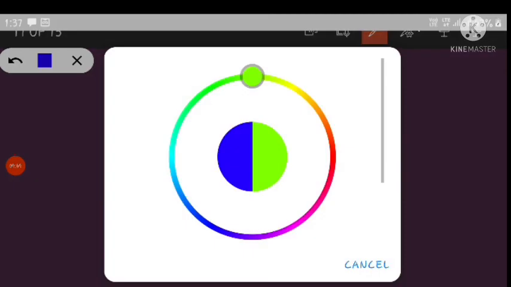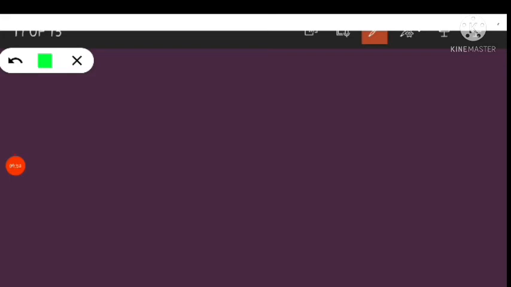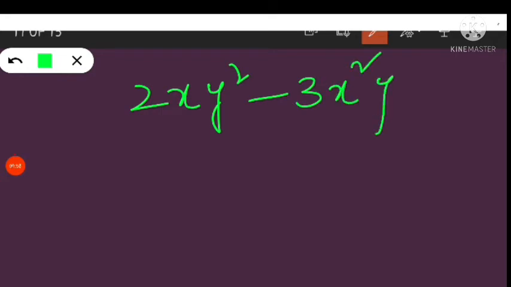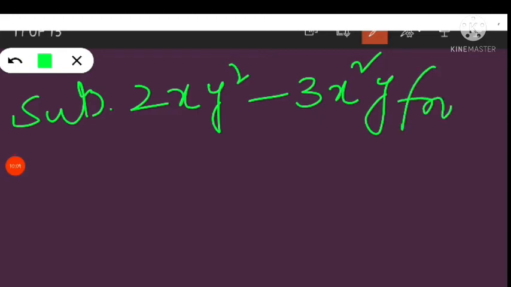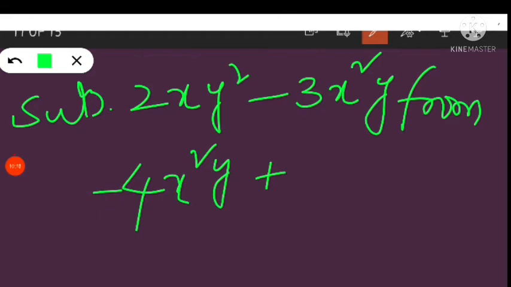For example, let us consider 2xy square minus 3x square y as the first expression. My question is this: subtract 2xy square minus 3x square y from minus 4x square y plus 3xy square.